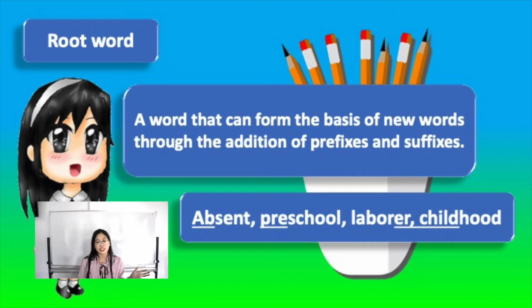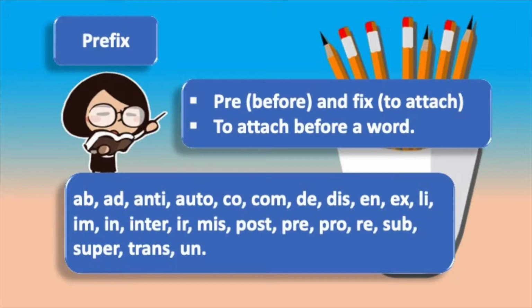Those letters added at the beginning or end of the root word, we call prefix and suffix. A prefix comes from the words pre, which means before, and fix, which means to attach. So prefix means to attach before a root word. A prefix is placed at the beginning of a root word.